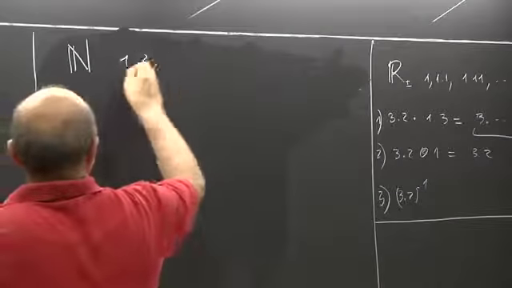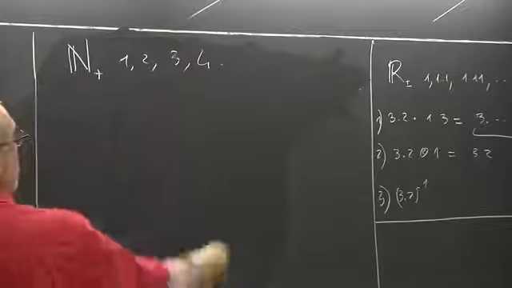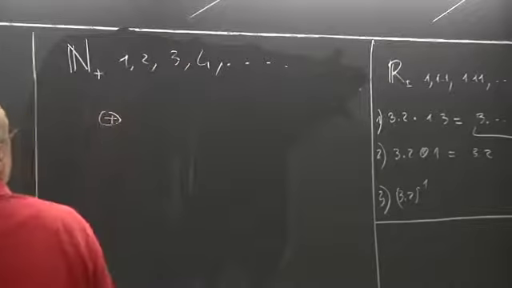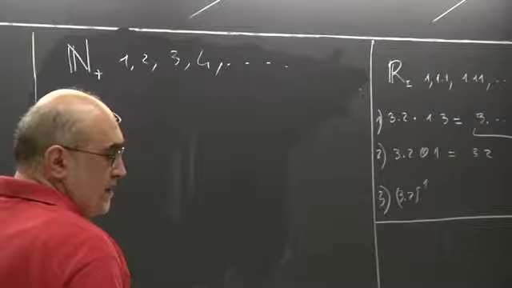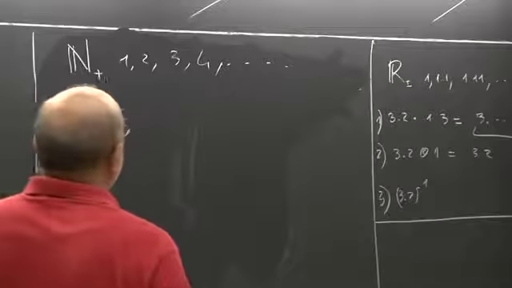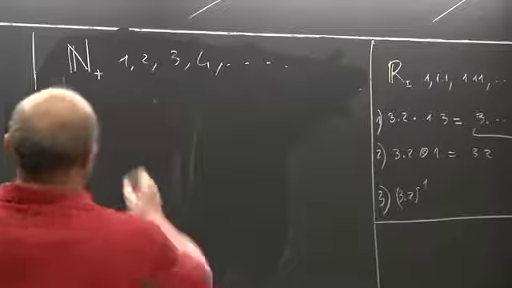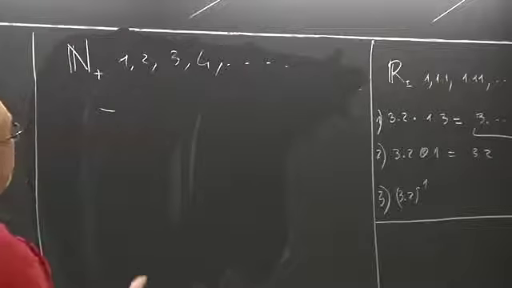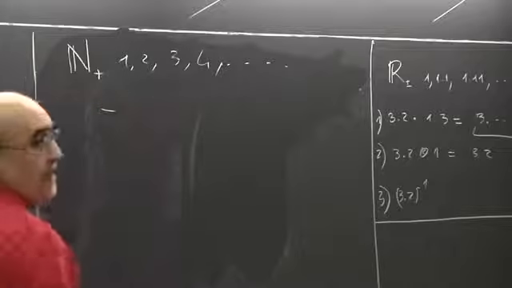So 1, 2, and only the positive ones, 3, 4, and so on, all the natural numbers. And let's give as operation plus, or minus, actually. Let's give as operation minus, okay? You should be able to answer immediately. With this operation, does this have a group structure?